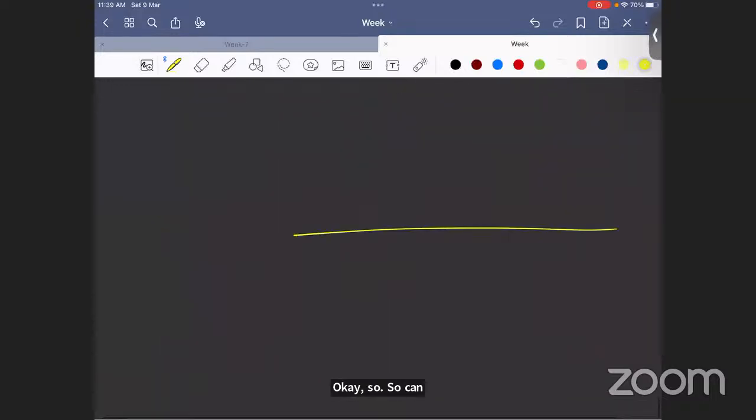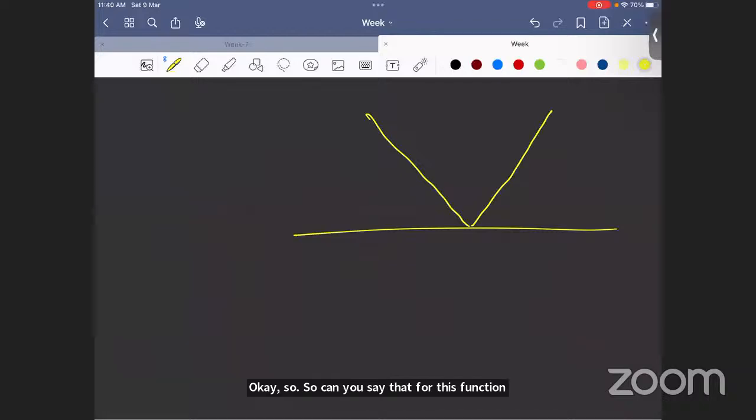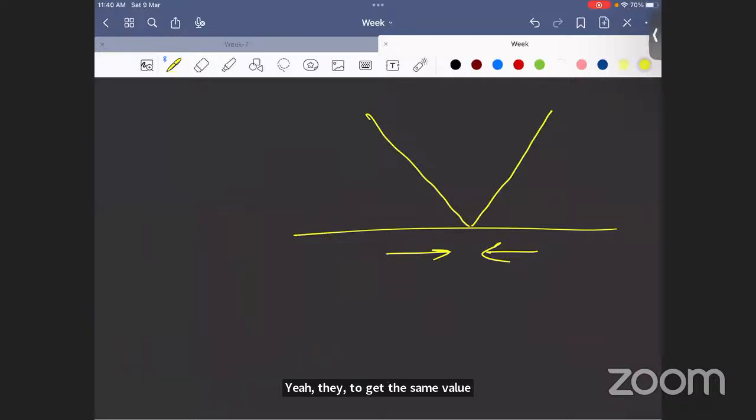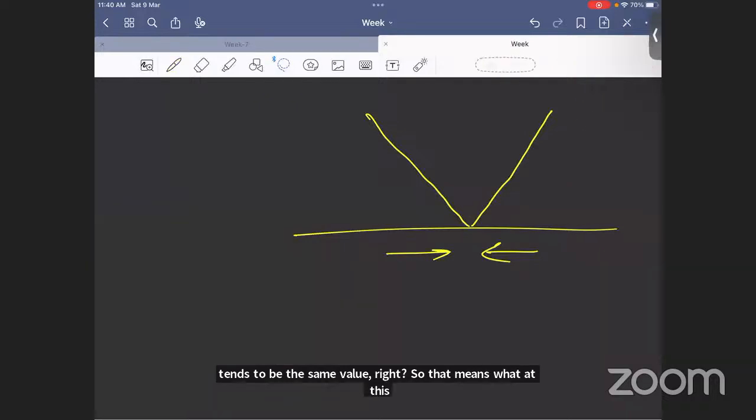Okay, can you say for this function whether the limit exists or not, if you're coming from the left hand side and right hand side, are you getting the same value? Yeah, they tend to give the same value. That means at this particular point a, whatever the sequence you were having doesn't matter.